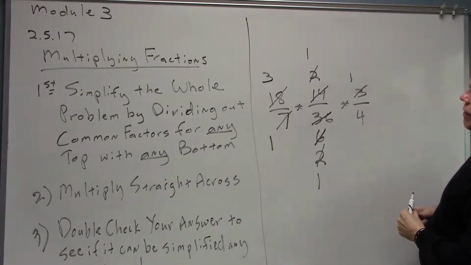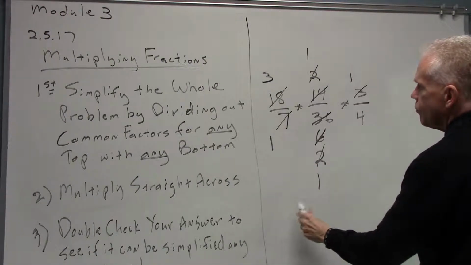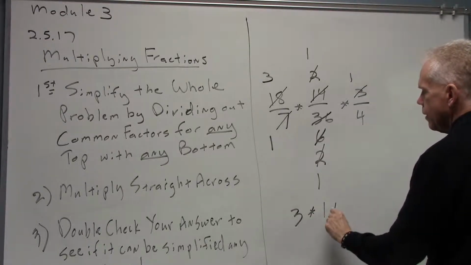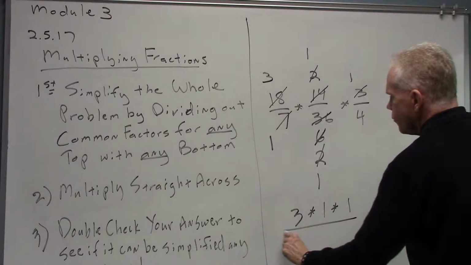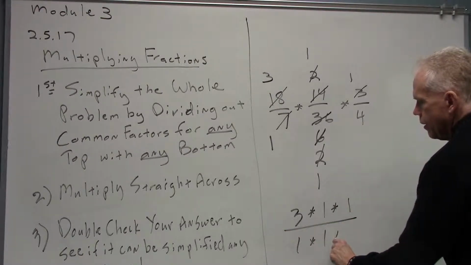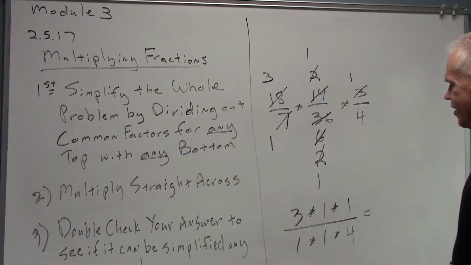So I'm going to recopy my problem, to get a sense of where I'm at. I've got 3 times 1 times 1 across the top, and I've got 1 times 1 times 4 across the bottom. That's pretty cool.